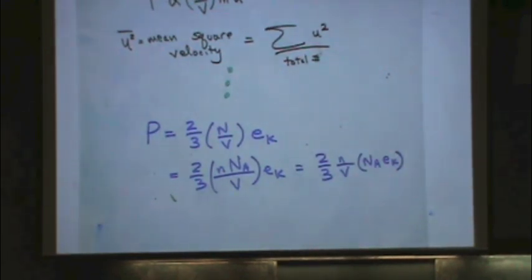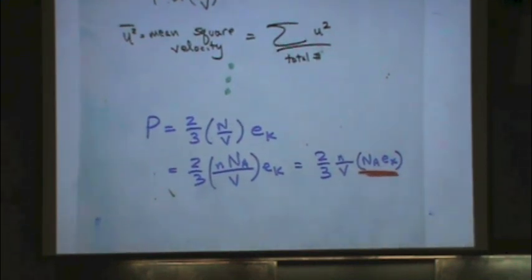Why do we do that? Commonly people like to make a little definition with these two right here. That would be kinetic energy per mole. Do you see that? Because Avogadro's number is per mole. So that would have units of kinetic energy per mole. And what we call this is the average kinetic energy per mole of gas particles.